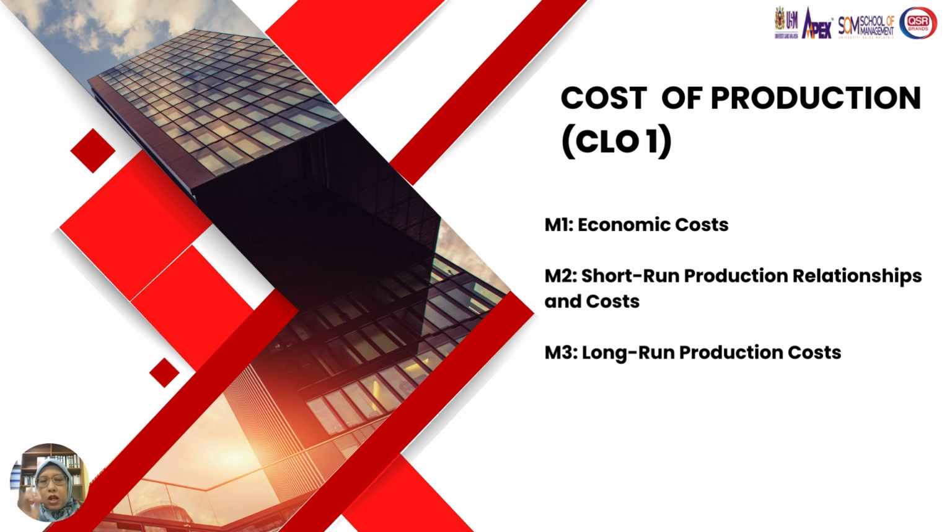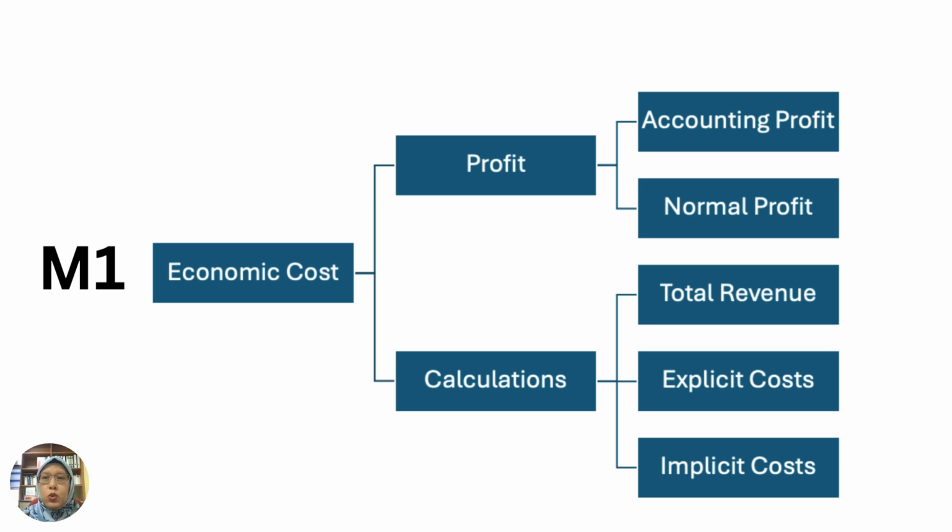And then for number three, we are going to see the long run production cost. Bear that in your mind, cost under short run production is different from the cost under long run production. So without further ado, let's see what we are going to do in module number one.